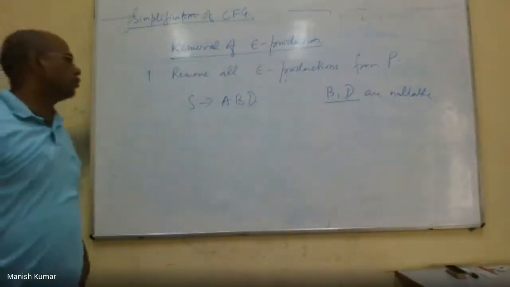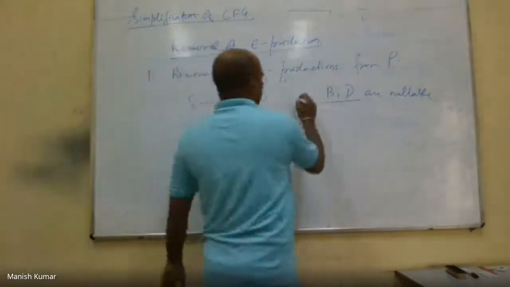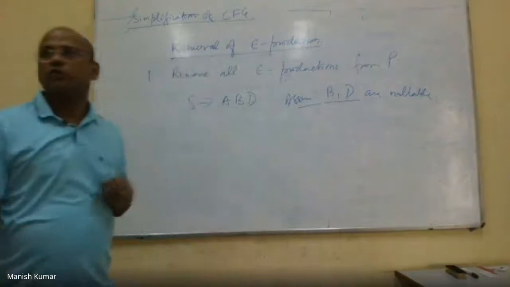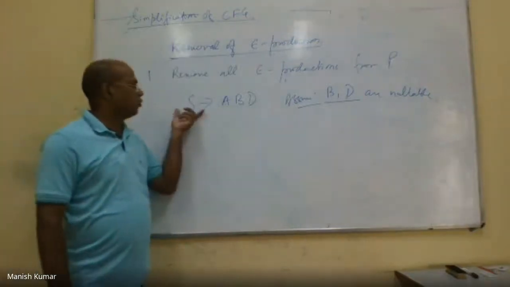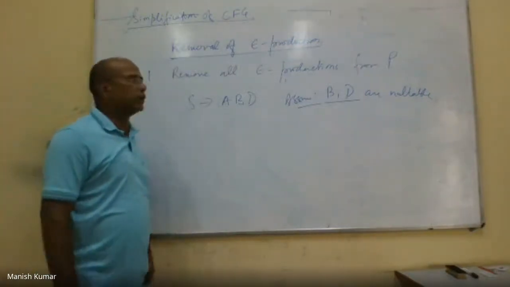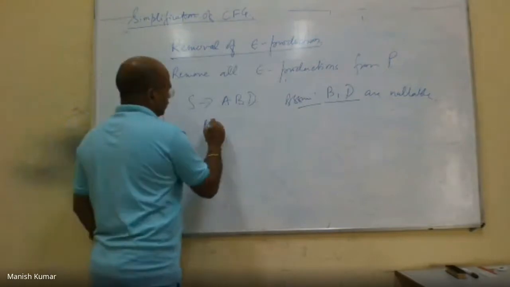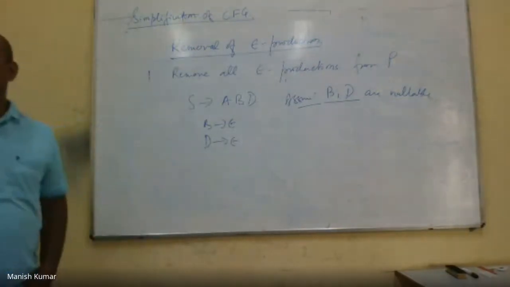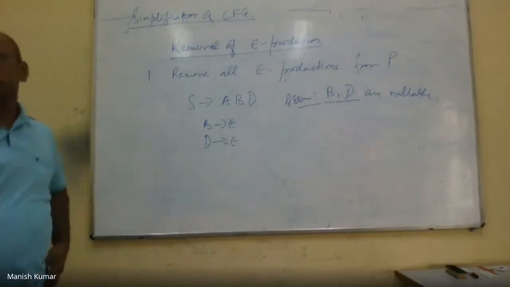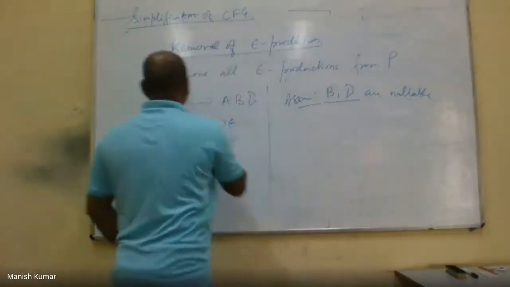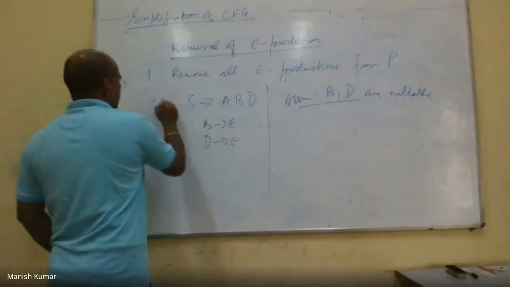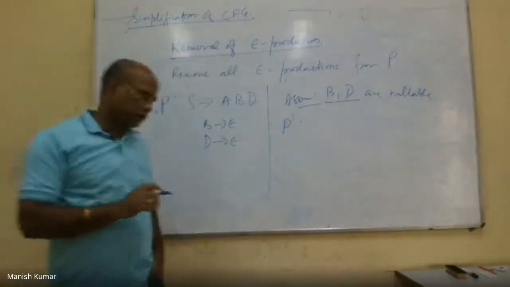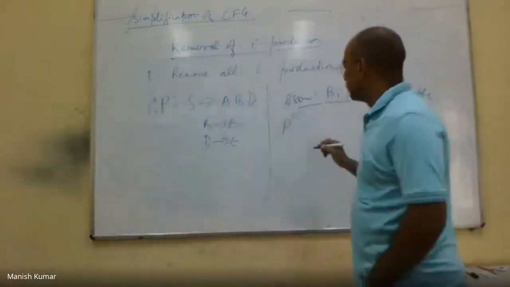I'm just assuming it, okay. So obviously, this holds, okay. If this holds, then what will be P dash? In this case, it will be like this.